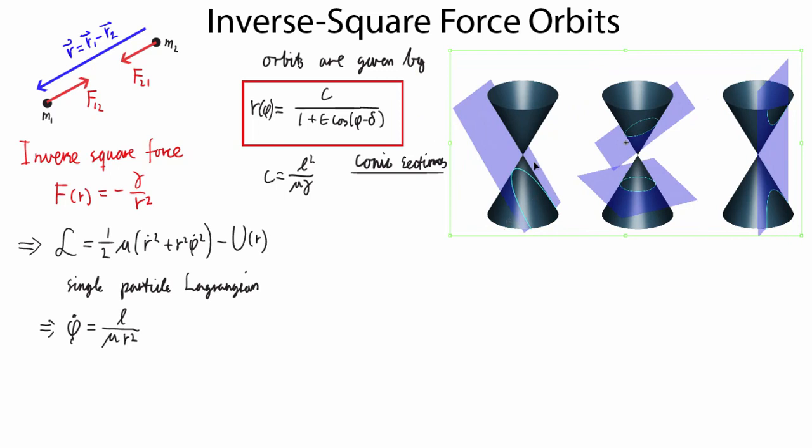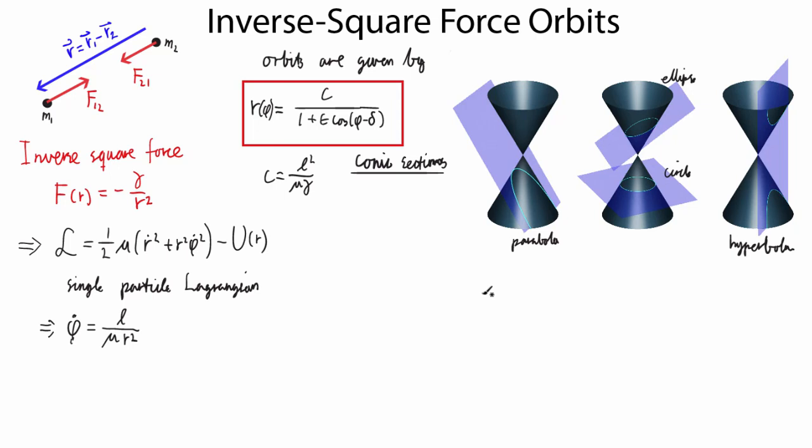So we have this cone, or tip-to-tip cones really, and you cut it with a plane, and depending on how you cut it, the angle of this plane, you can get a circle, an ellipse, a parabola, or a hyperbola. And those are known collectively as conic sections.